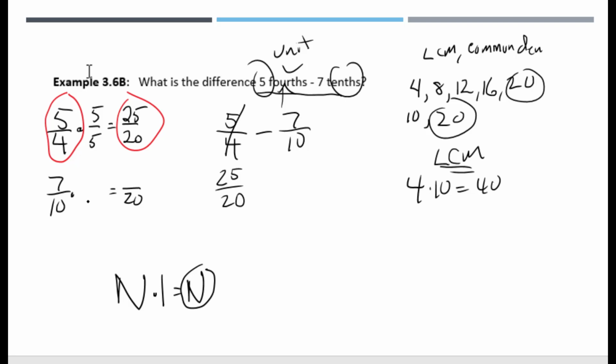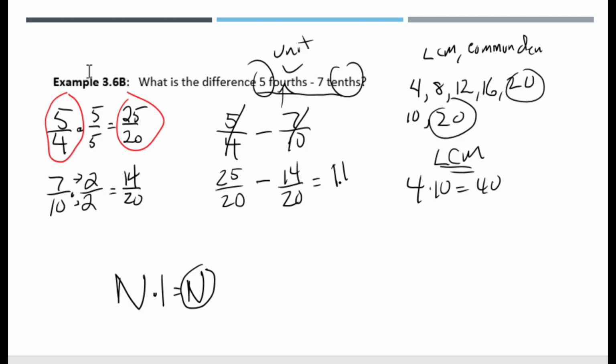So 10 times 2 is 20. So you multiply straight across, and 7 times 2, therefore, is 14. Now, if I have $25 and I take away $14, I'm going to have $11.